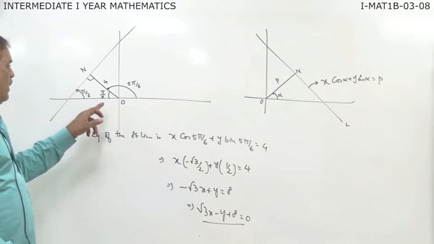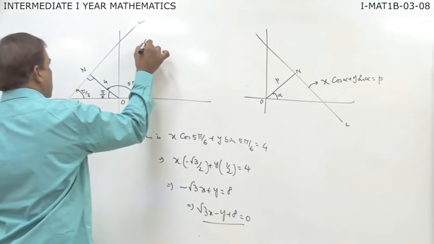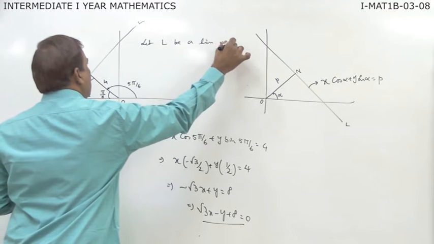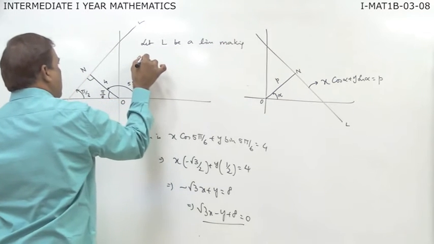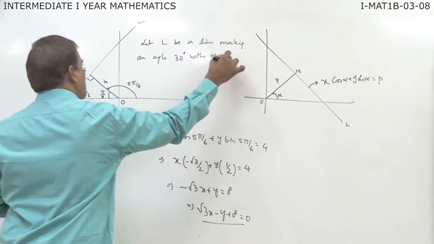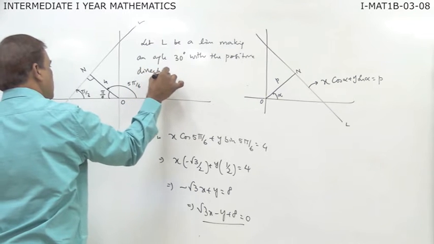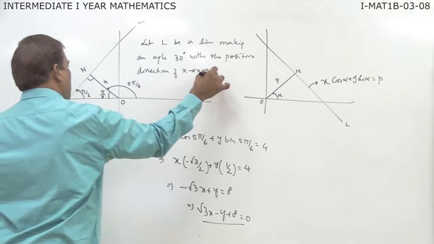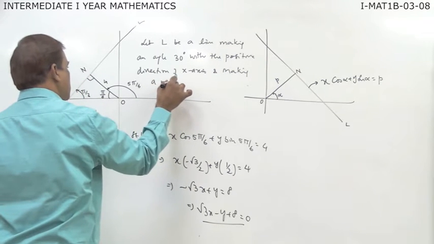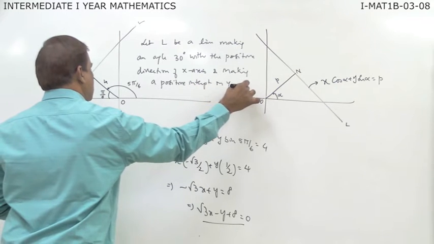Okay. So, what we do here is, let L be the line. We'll write the steps like this. Let L be a line making an angle 30 degrees with the positive direction of x-axis, and making a positive intercept on y-axis.